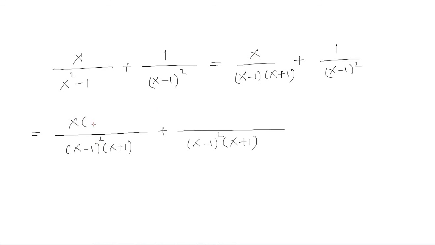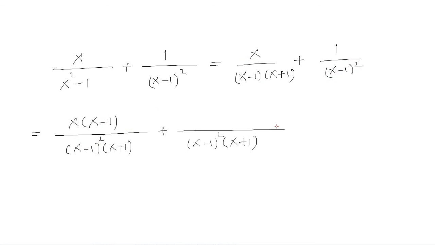The numerator x is also multiplied by x minus 1. Now you can see the value of this fraction is the same as the value of this fraction. I can easily cancel one factor of x minus 1 from numerator and denominator, and I will get the same fraction back.